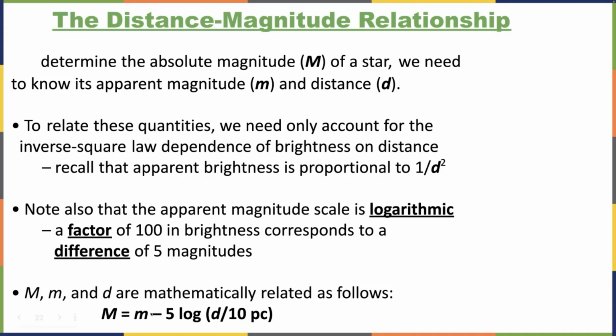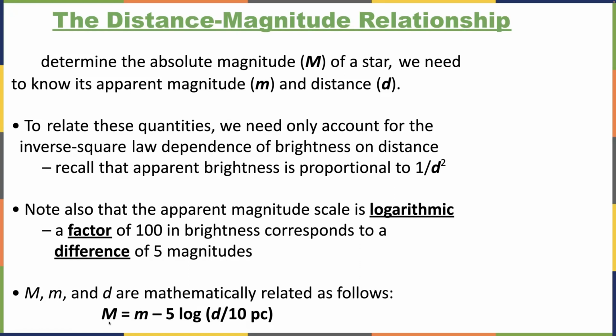Here small m is the apparent magnitude and capital M is the absolute magnitude, and d is the distance of that particular star.